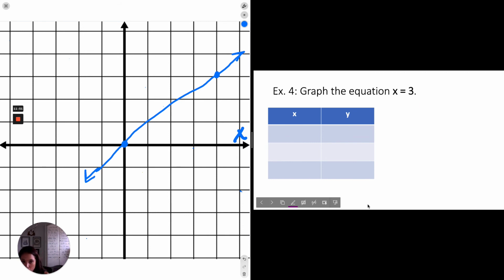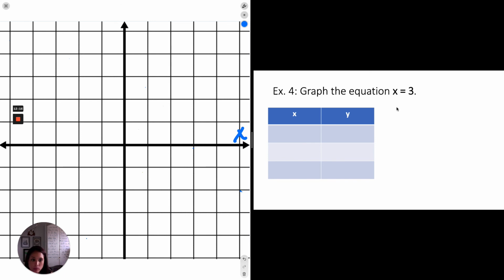Okay, now I have another example, and you'll notice in this equation that there is not a y value. So let me show you what you will do in this instance. When there is no y value, that means that y can be any number.